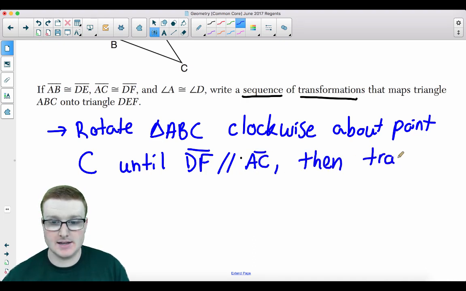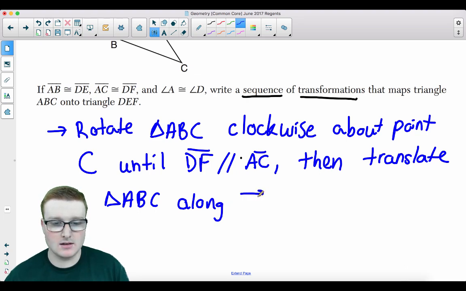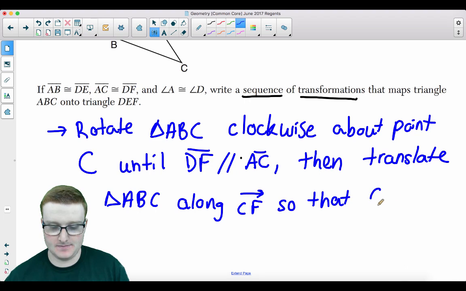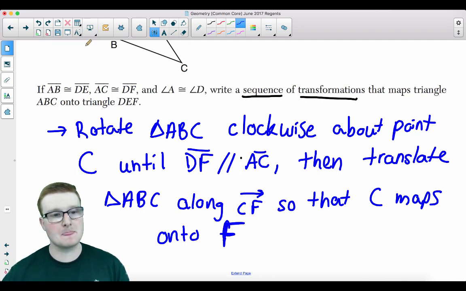Then translate triangle ABC along ray CF so that C maps onto F. That is one way. I'm going to actually show you what I'm talking about right now.